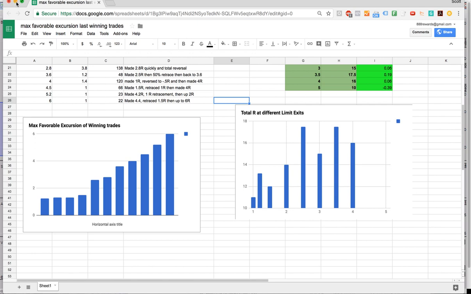So as long as you're not being stupid, it should really affect drawdowns more than top line R. So exiting at 2.5R is a ridiculously stupid exit, and yet it makes the most money out of other exits here. So that's the type of thing that you want to be looking at. Okay.